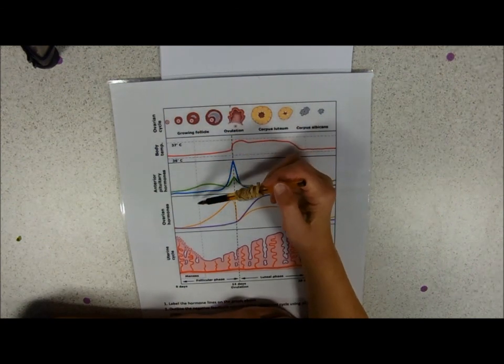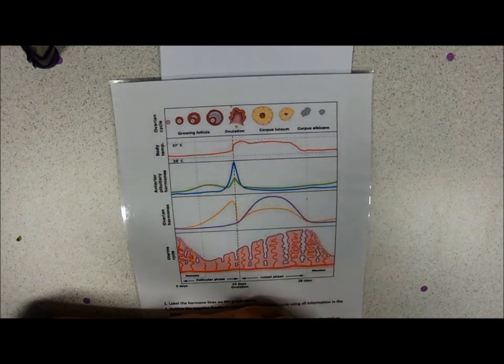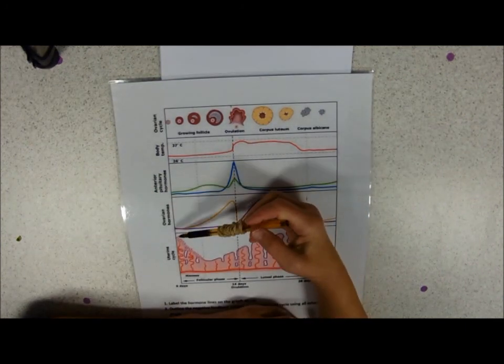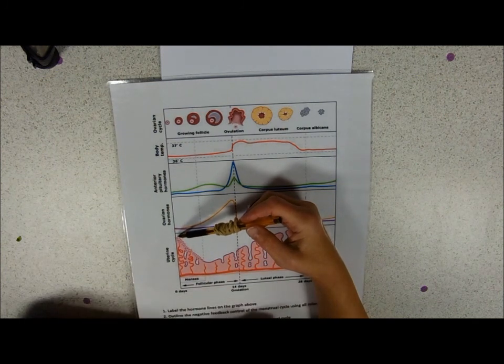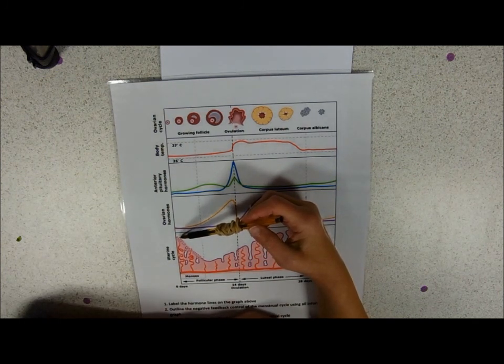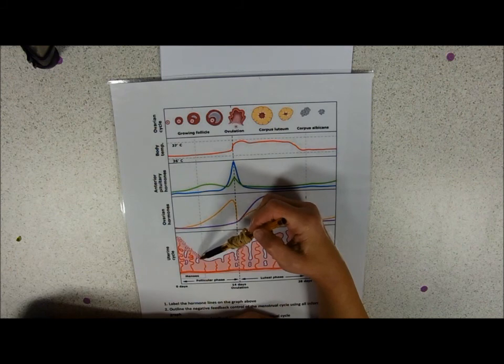So at the beginning of the cycle, the first day of the period is day 0, and this is when the previous month's endometrium is being shed.